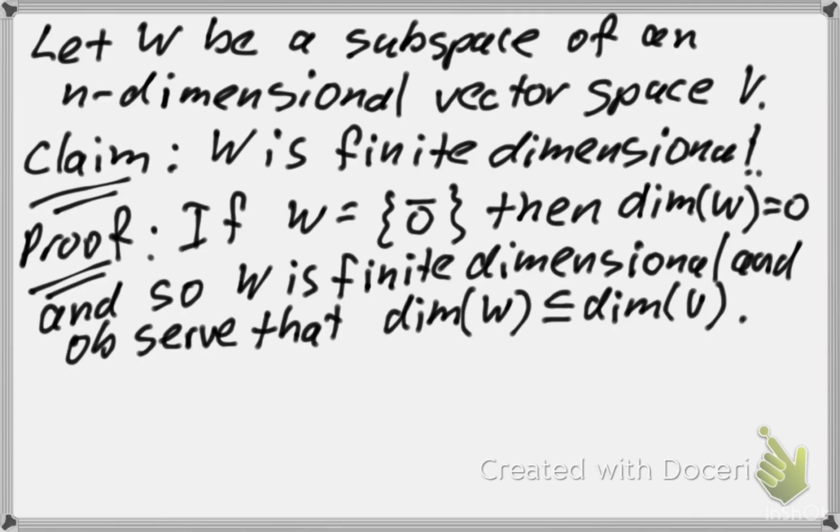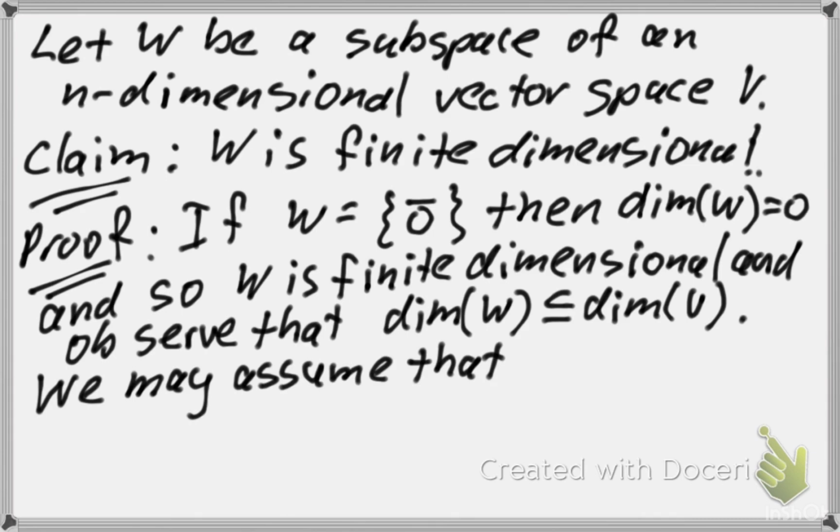All right, so we may assume that W is not only the zero vector, so it's got some other vectors in it as well. So we may assume that W has non-zero vectors.